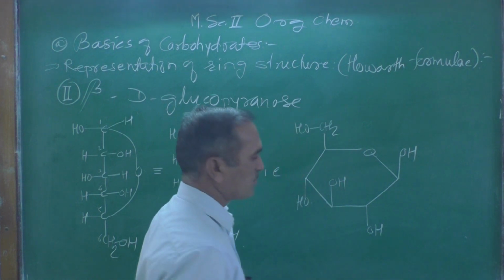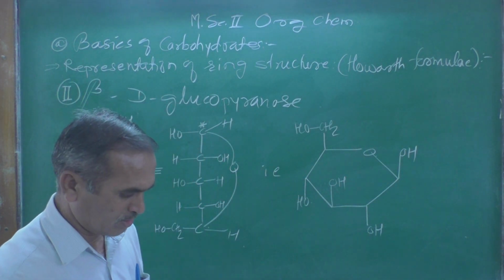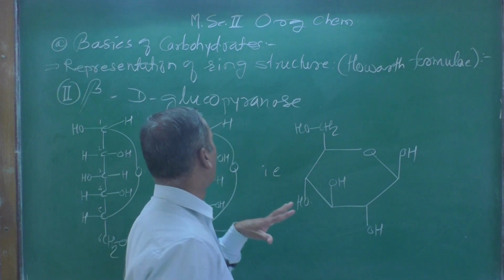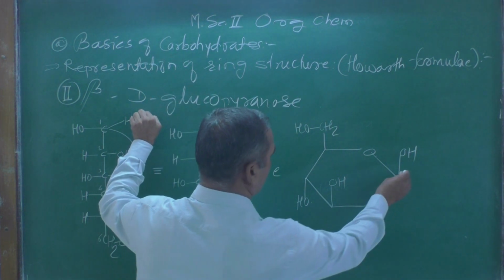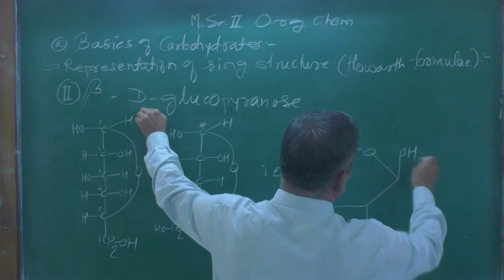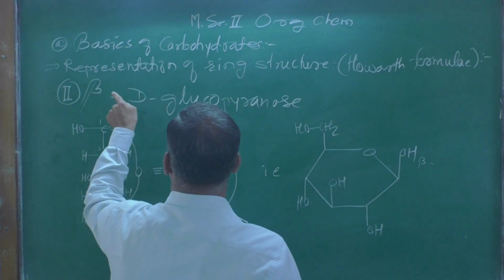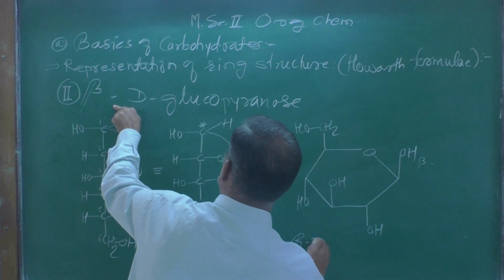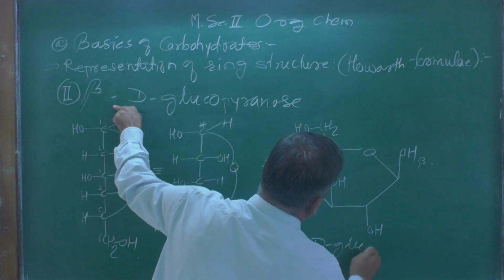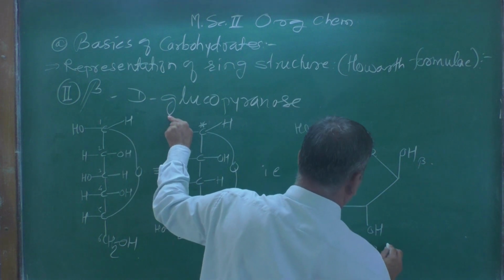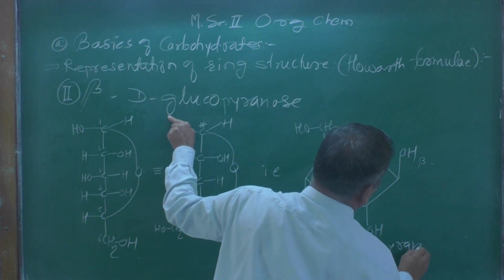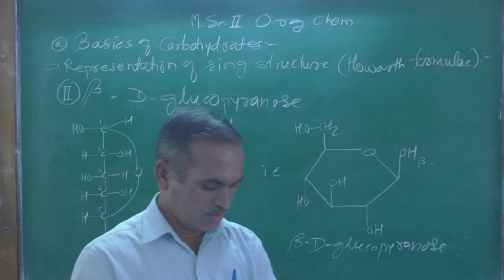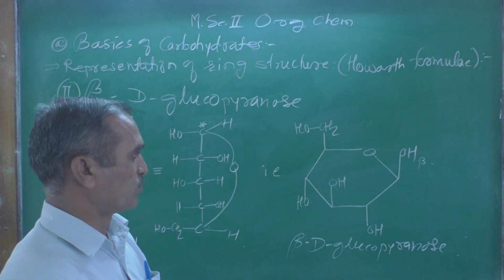So this is the ring structure of alpha, not alpha, because the above side is the beta side, and therefore it is designated as beta D glucopyranose. This is the structure of beta D glucopyranose.